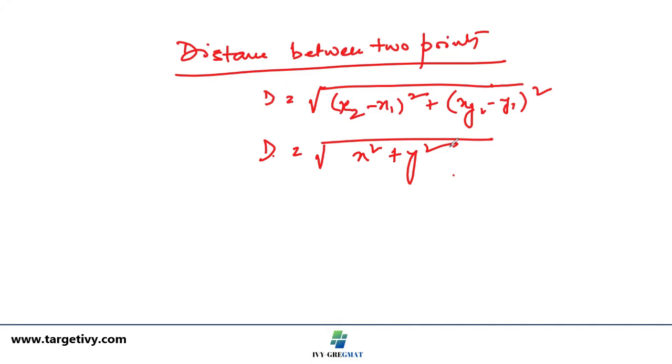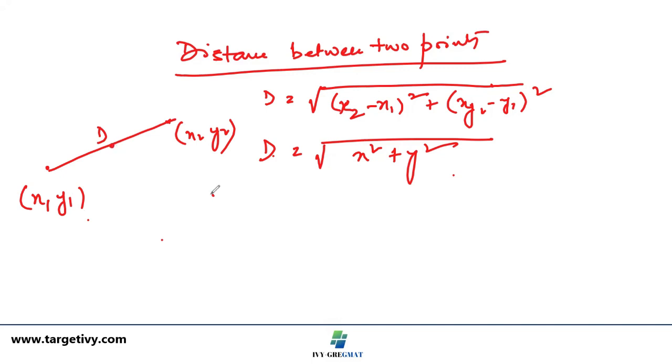Now you can very well ask me, if there are 2 points x1, y1 and this is x2, y2, where this is the distance d, you can say, what is the midpoint?